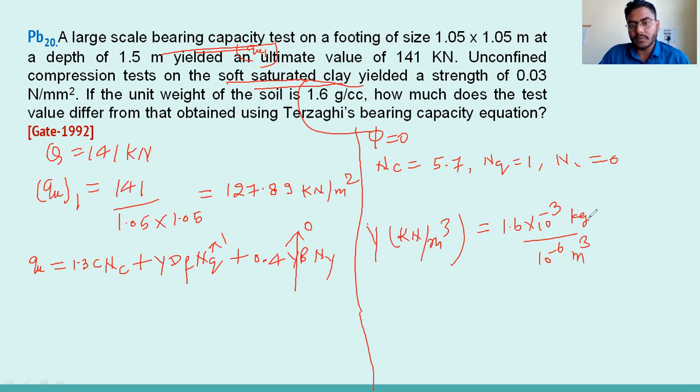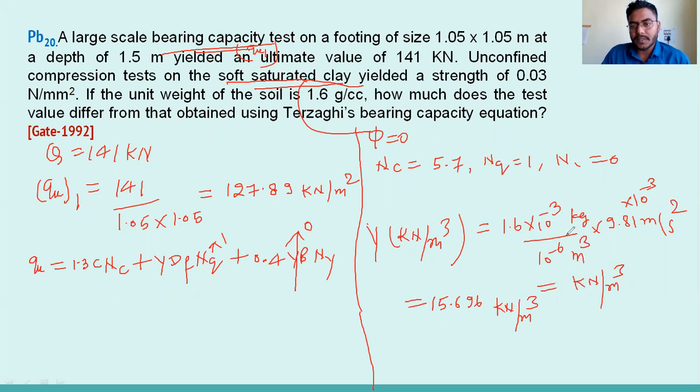So kg we have to convert into Newton. For that, we multiply by 9.81 meter per second square, so this becomes Newton. Then we multiply by 10 to the power minus 3, so this becomes kilonewton per meter cube. By calculating, you can get 15.696 kilonewton per meter cube.